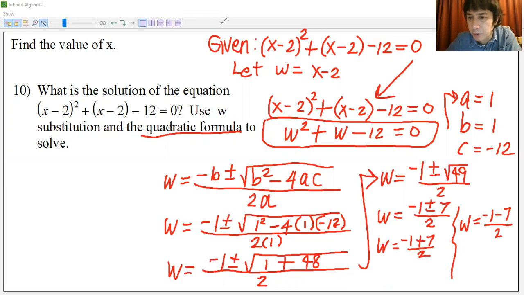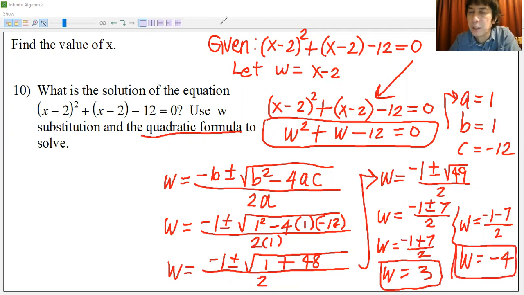The first W gives 3: -1 plus 7 is 6, and 6 over 2 is 3. So that's the first value of W. How about the other one? -1 minus 7 is -8, and -8 divided by 2 is -4. So our second value is -4.